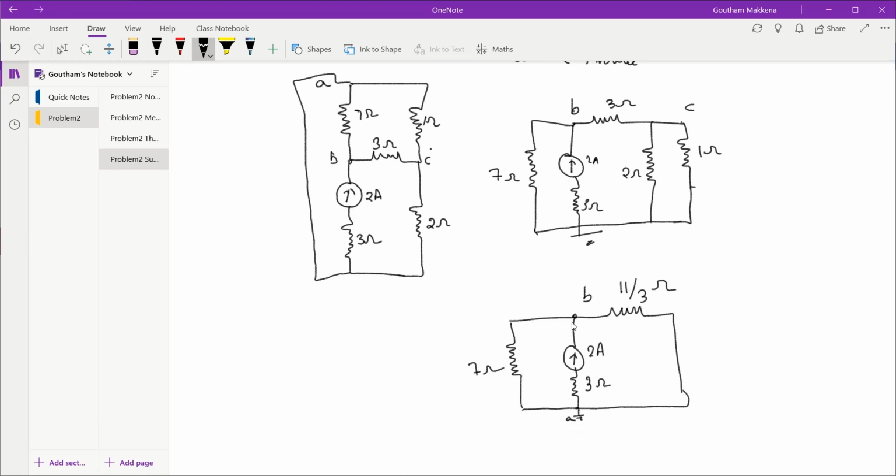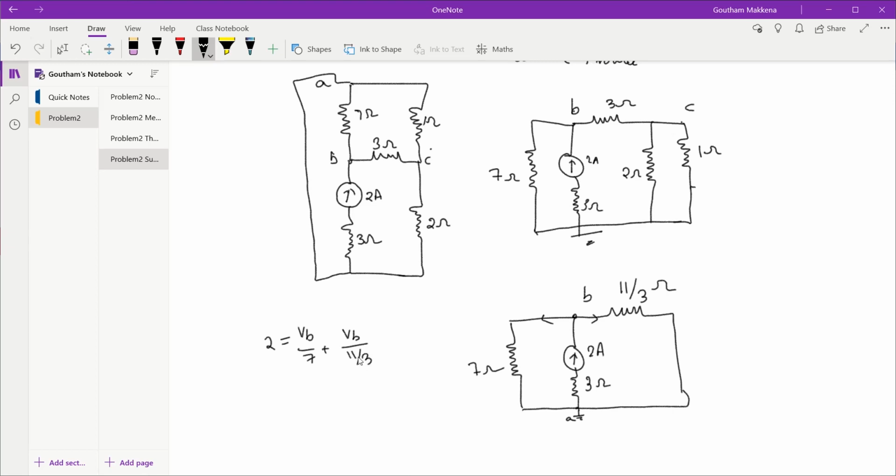Now I'll apply simple KCL here, currents entering and currents leaving. The entering current in that node is 2 amps, which should be equal to the leaving current. This leaving current can be written as (VB minus 0) by 7, and this leaving current can be written as (VB minus 0) by 11 by 3, that is nothing but VB by 11 by 3.